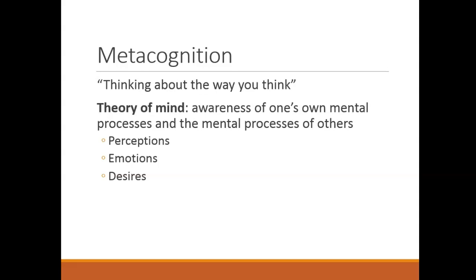So a child who hasn't quite gotten the hang of theory of mind will give you a present that they would like, and they assume that you would like it, because it's something like their favorite toy, which is a high honor. But theory of mind is the idea that understanding that people can perceive things differently than you, can feel things differently than you, and can desire things differently than you.